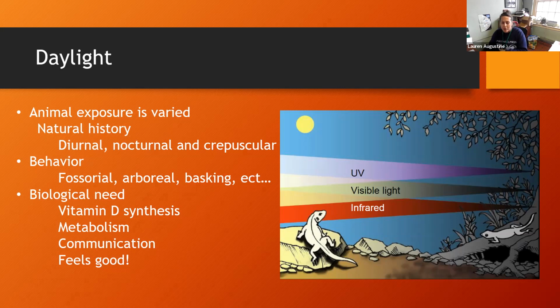And so I just put a couple of the biological needs on here that are forefront for reptiles and amphibians, which are obviously being ectotherms. Their metabolism and their immune systems are highly dependent upon heat and temperature, but also UV light and vitamin D synthesis, which is just critical for bone development, reproduction, things like that. And then thinking about their communication channels. One of the very first things that I learned as a herp keeper was trying to evaluate an animal from the animal's perspective.